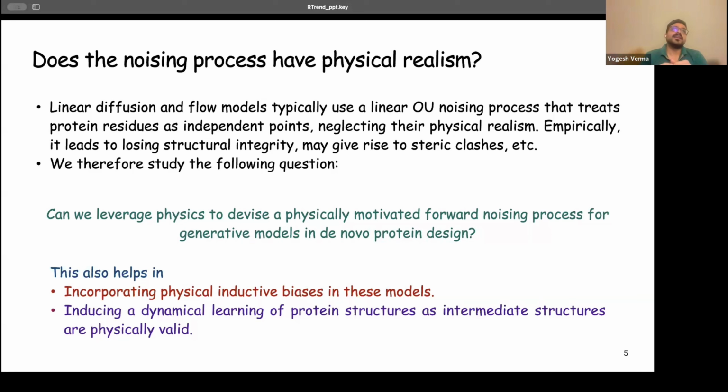Because in nature, the protein exists in a conformational distribution rather than as a static structure, constantly wiggling around. This also motivates that.